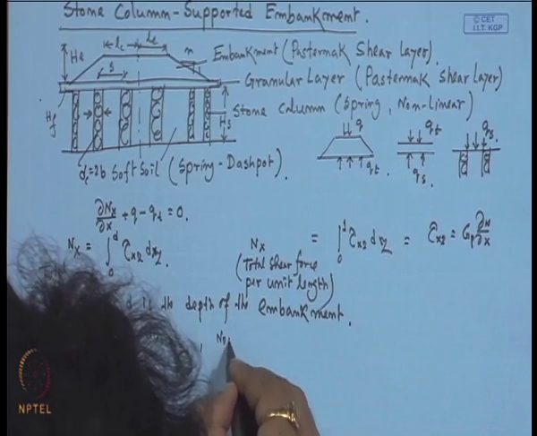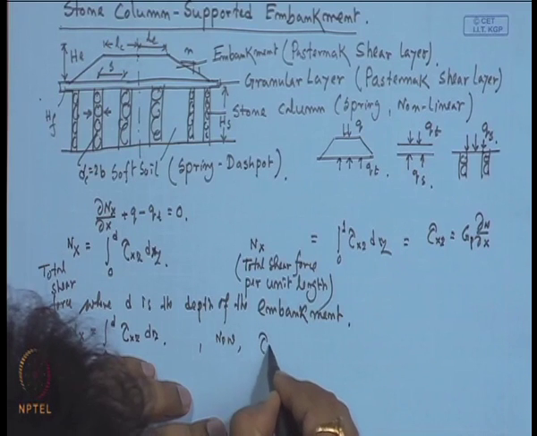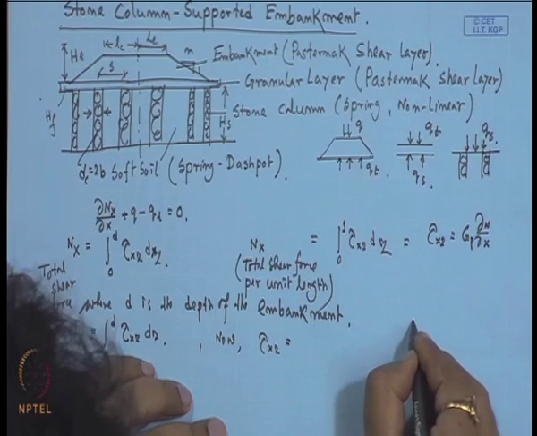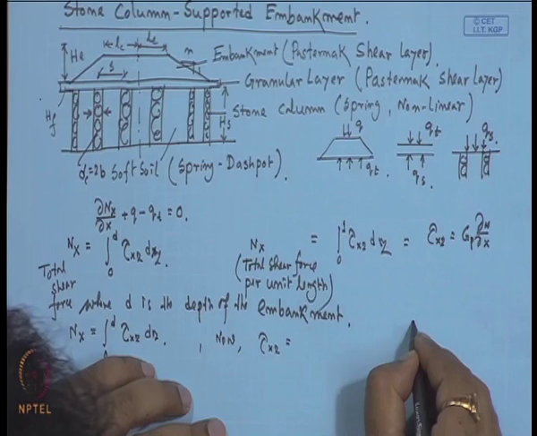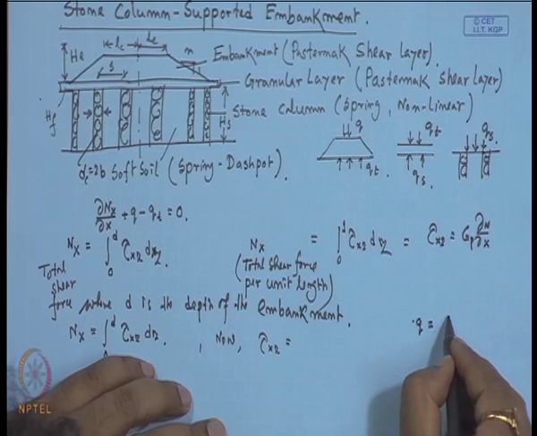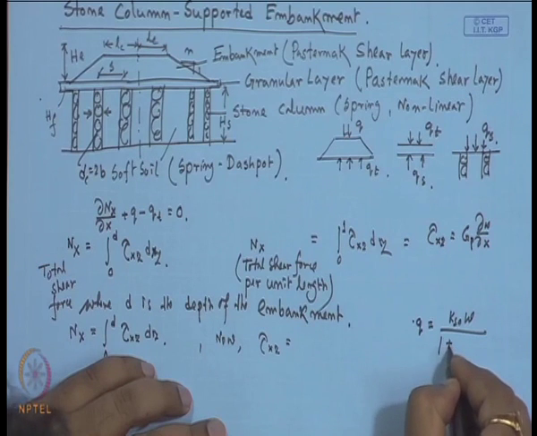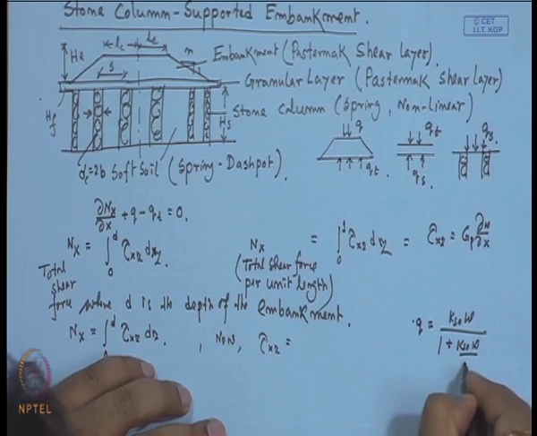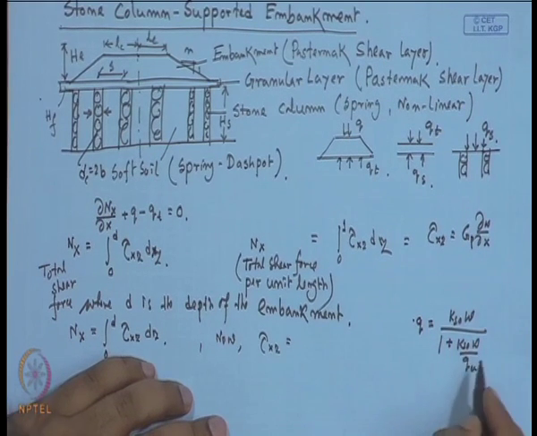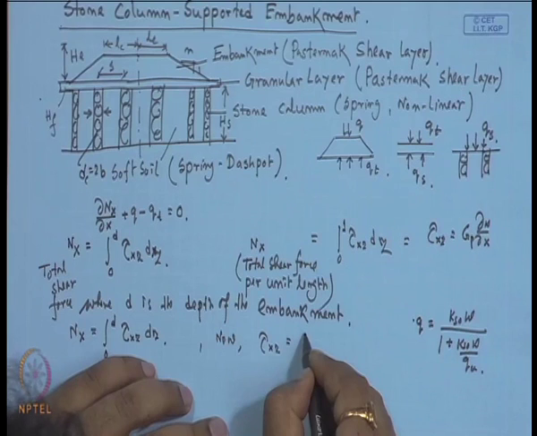Here we consider a nonlinear relationship for tau x z, similar to the nonlinear relationship given earlier, that q is equal to k s 0 w divided by 1 plus k s 0 w by q u. That expression is already given for the nonlinear form. A similar expression was suggested by Ghosh and Madhav in 1994.